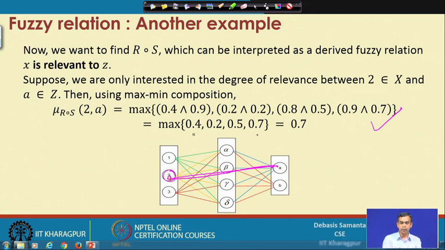So, 2 is related to A with strength 0.7. Similarly, we can calculate the relation between 1 and B or 1 and A with some strength. So, this basically shows the relation and its meaning.